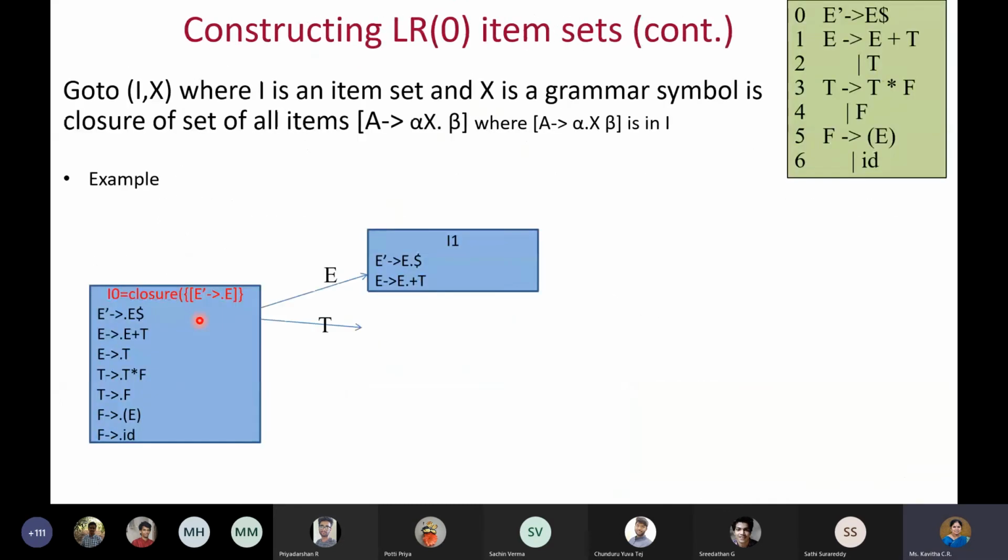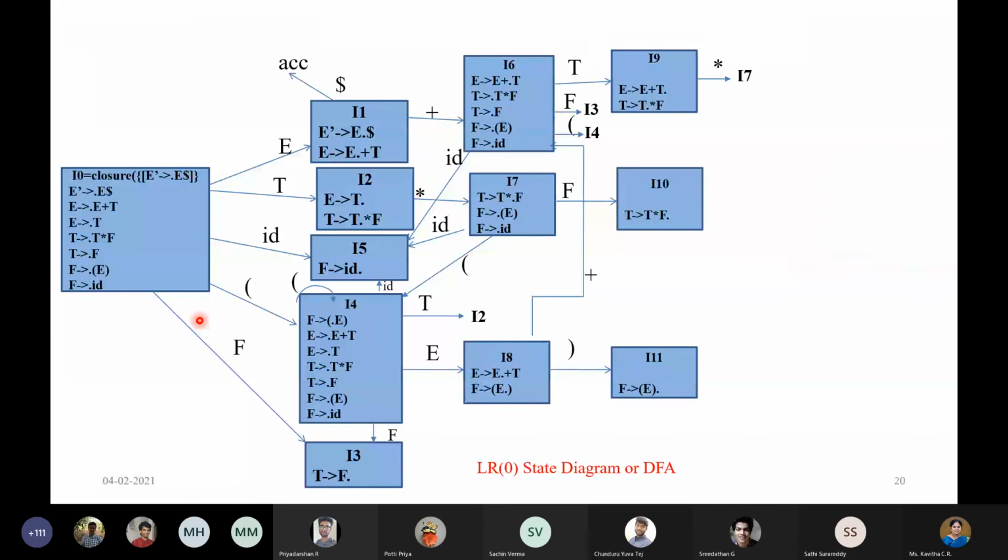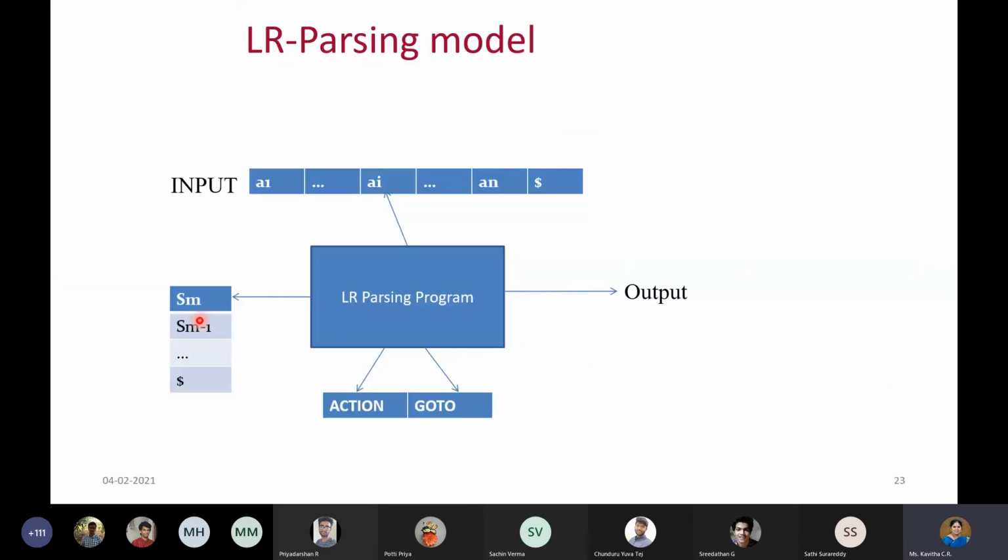So this we have done. Okay, so this is the model. Basically, the LR parsing model is nothing but we have our input buffer, with all our symbols, appended with the dollar at the end, and we have our stack of symbols. It looks like this, students. It will have the dollar symbol at the bottom.